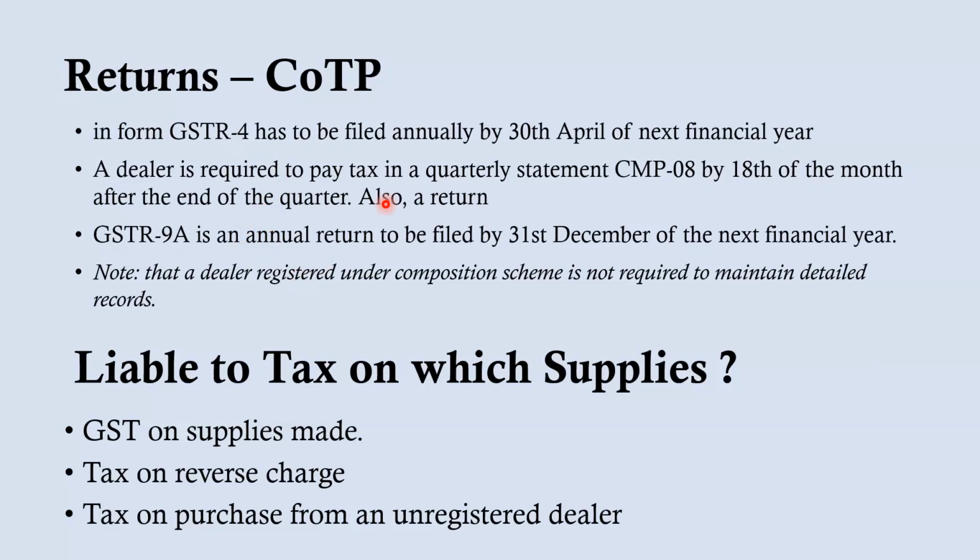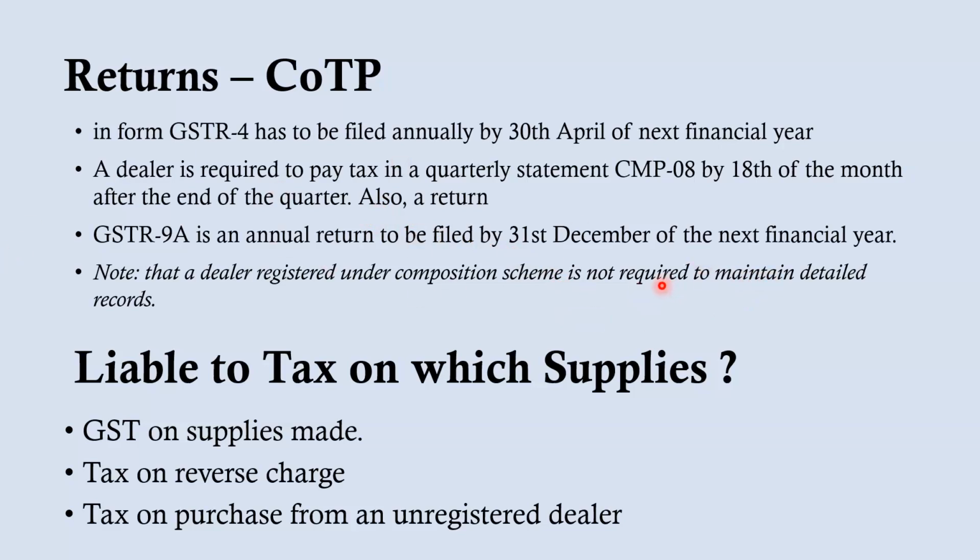One has to take note that whoever is the composition taxpayer is supposed to get registered under this composition scheme, where he is not supposed to maintain any detailed records.